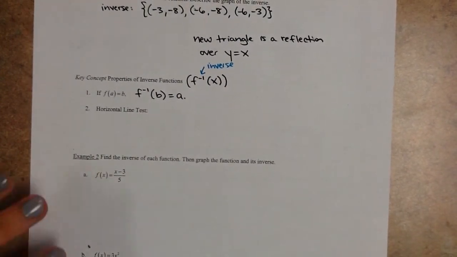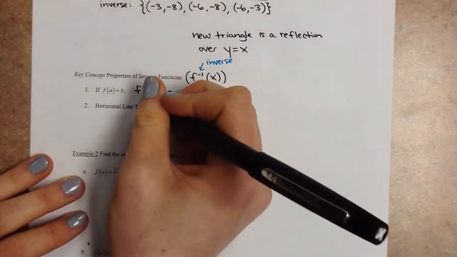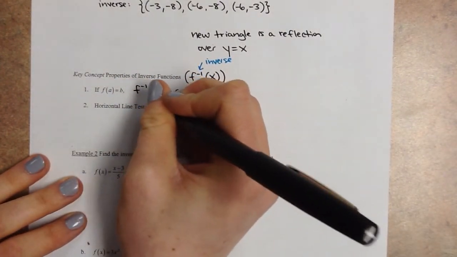Next property, we have this horizontal line test. Horizontal line test is used to determine whether the inverse is actually a function.